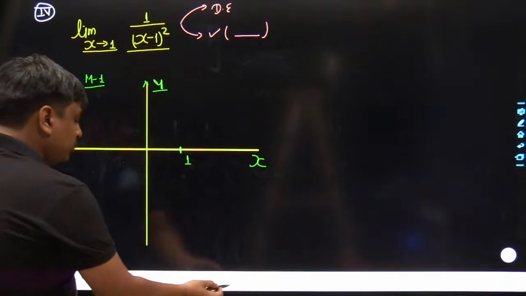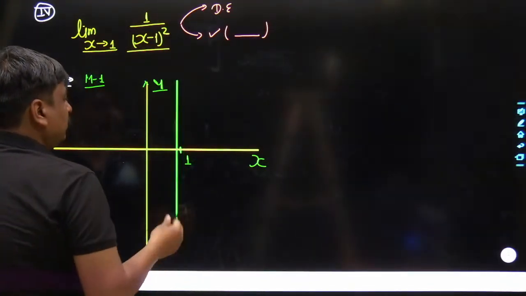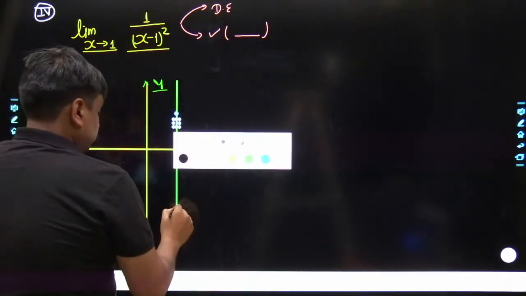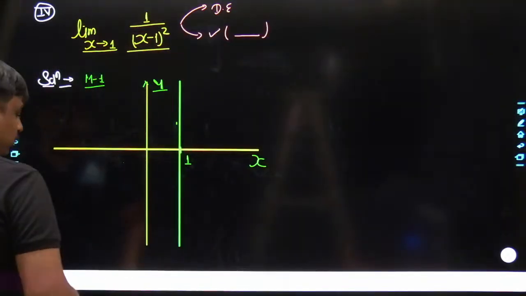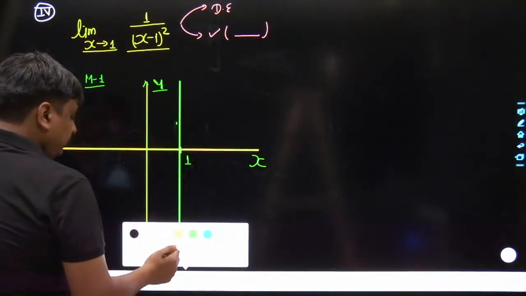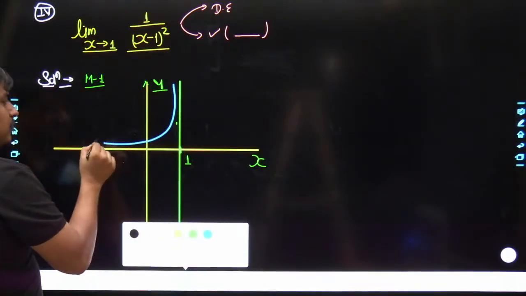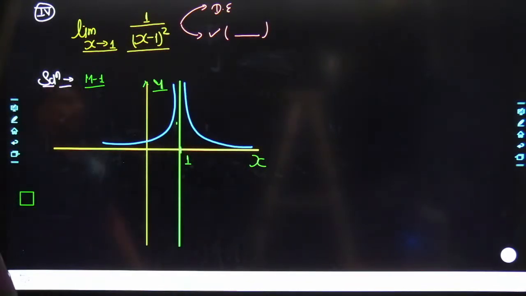Could you understand how it would be? Let me take the reference of x equals plus 1. Just a minute. How would the curve look like? The curve would look something like this. Why?